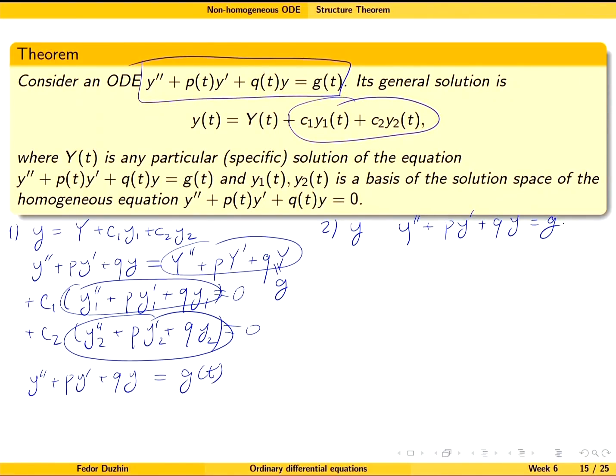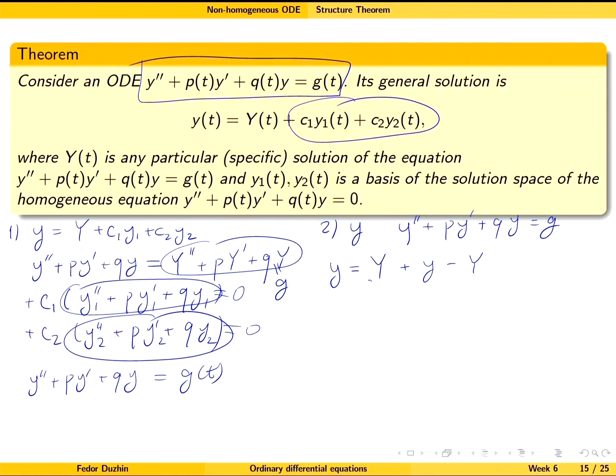It is y capital, which is a specific solution, plus c1 y1 plus c2 y2. Okay, so let's just write. So y equals, since we're supposed to have y capital, we'll just write it. Well, but then in order for this to be a correct equality, we just need to complete it. So it's plus y minus y capital, right?